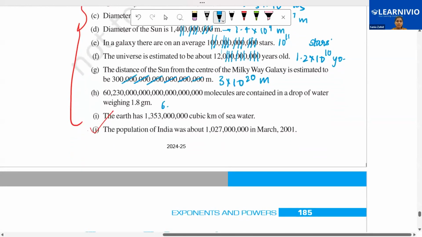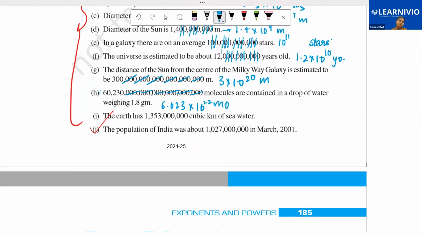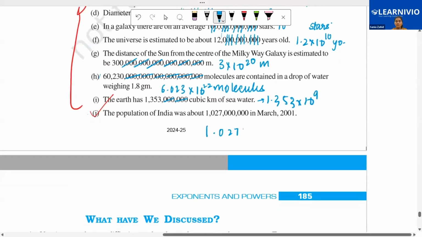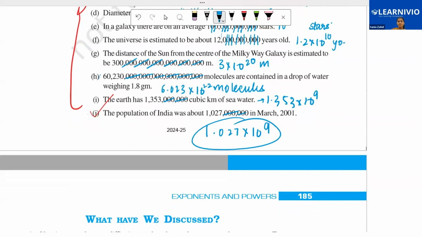Then it is 6.023 into 10 to the power 22 molecules. Earth is, so it becomes 1.353 into 10 to the power 9 cubic kilometers. This one becomes 1.027 into 10 to the power 3. Clear?